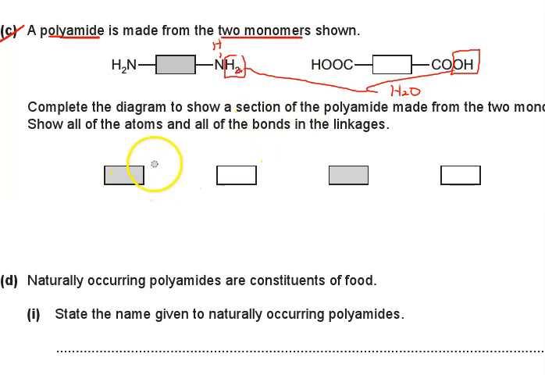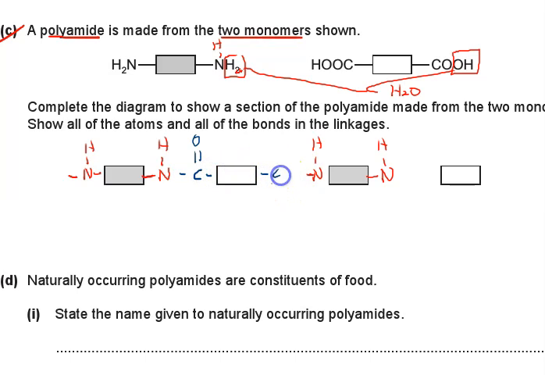So what happened now? Here they have nitrogen and hydrogen for both of these. Same goes for this side, nitrogen and hydrogen. Now the next one here will be CO. So carbon and oxygen, here we have a double bond.